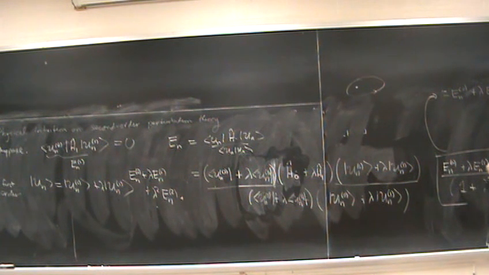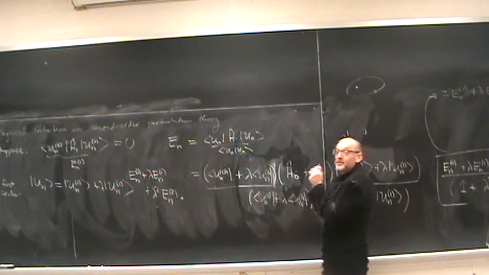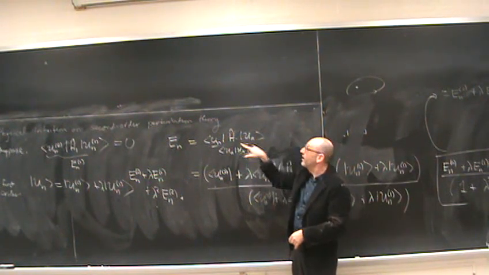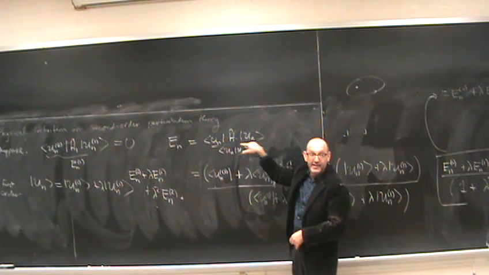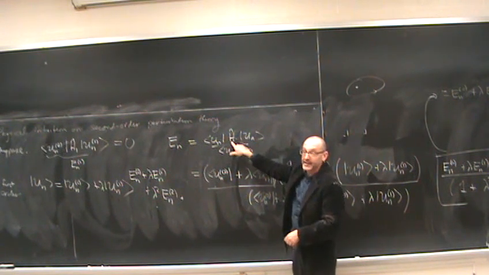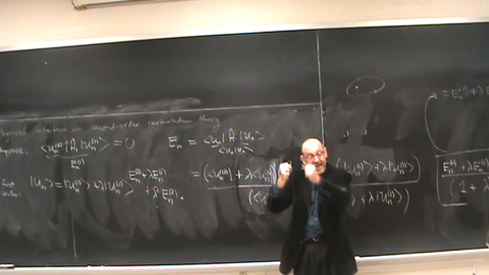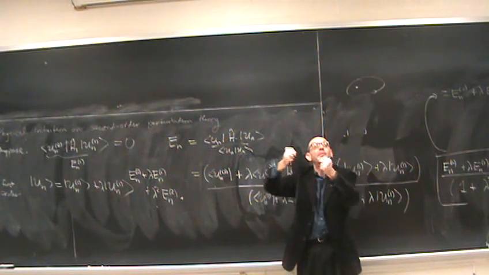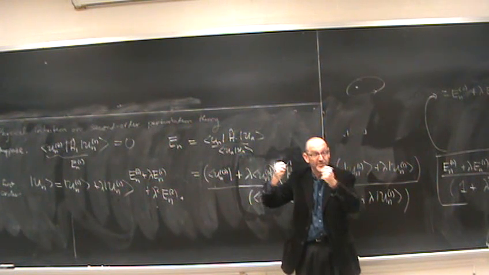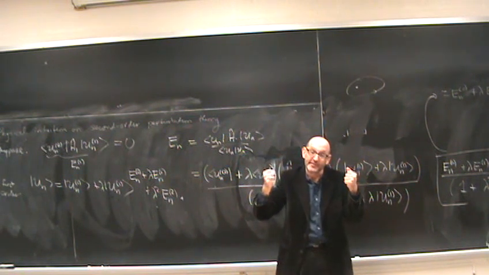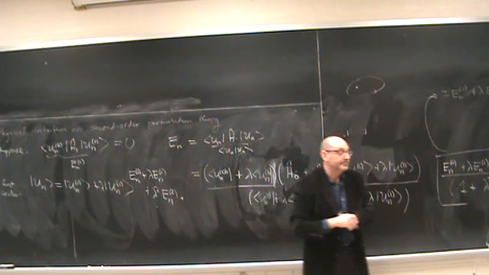Now that perturbed state has a new energy. So now I look at the expectation value of the perturbed state with respect to the Hamiltonian, and there's going to be a next order term, because there is an H1 interacting with the perturbed piece. If I had a first order perturbation interacting with the H1, that gives me E2, etc., etc.